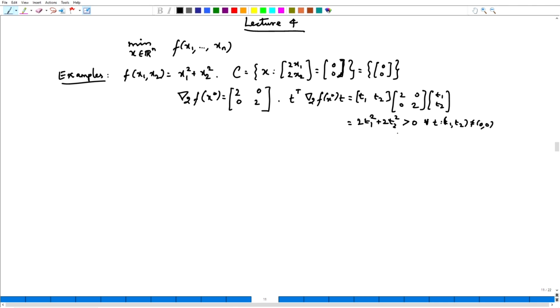So, this is 0 only if both T1 and T2 are 0. If even one of them is non-zero, this is actually greater than 0.